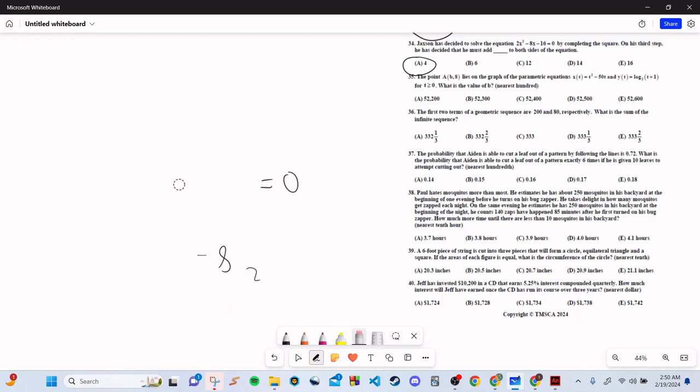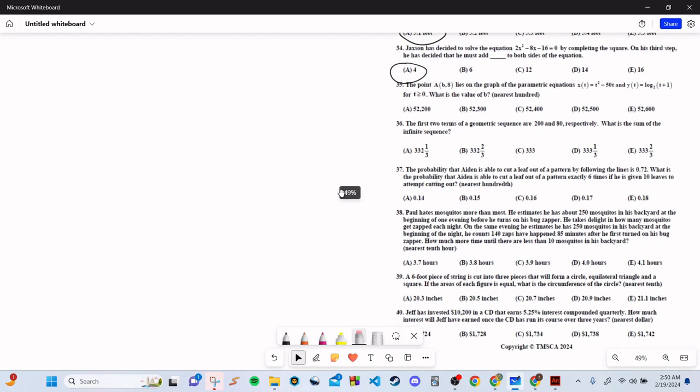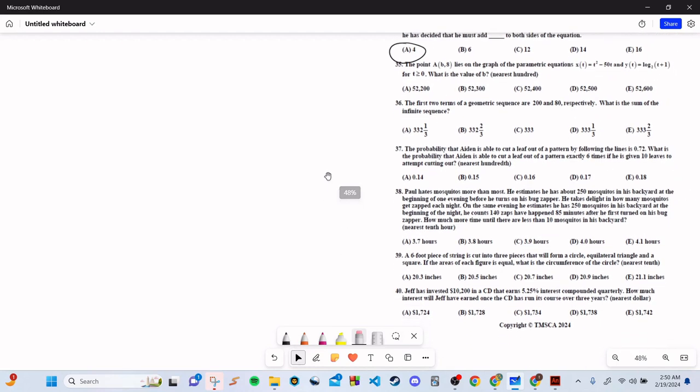So moving on, we have question 35. So for 35, we have the point A, which is b comma 8, lies on the graph of the parametric equations. This one and this one, we want to know what the value of b is.